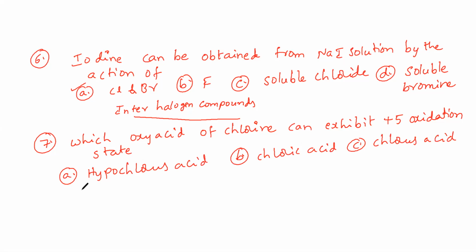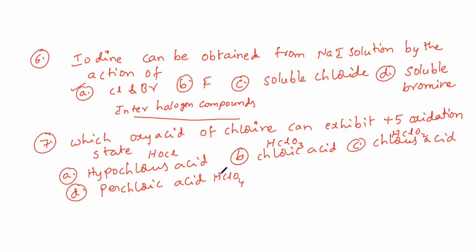And option D, perchloric acid. First we'll write the formulas: hypochlorous acid HOCl, chloric acid HClO3, chlorous acid HClO2, and perchloric acid HClO4.